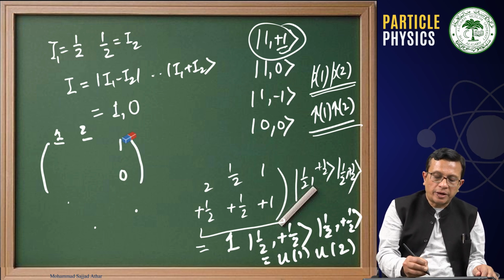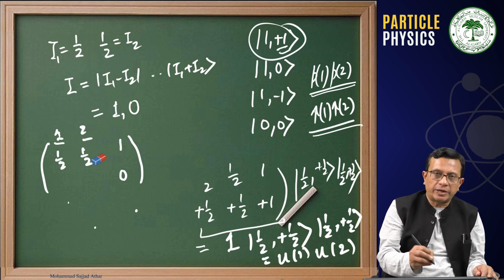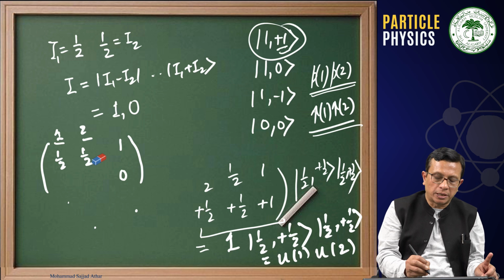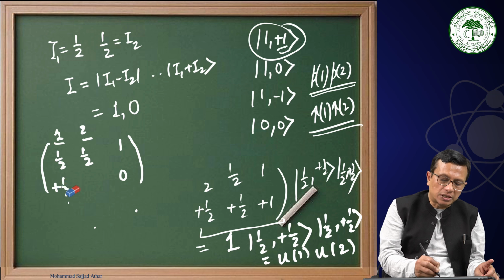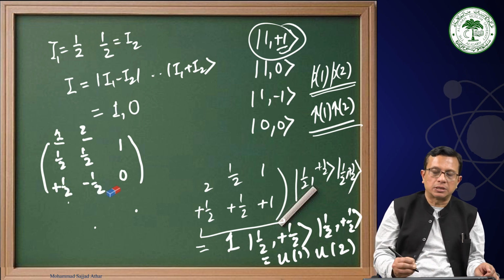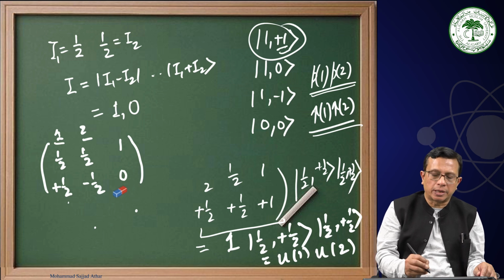Now we can get it by half and half isotopic spin projections: to get 0 will be plus half for this and minus half for this, because projections are algebraically added.